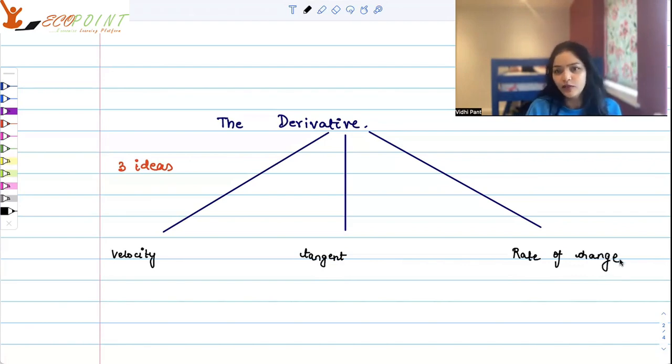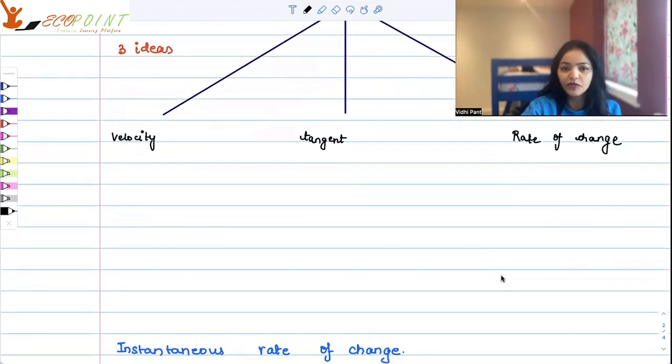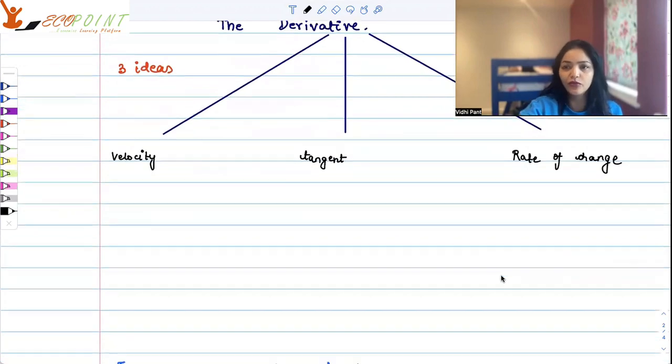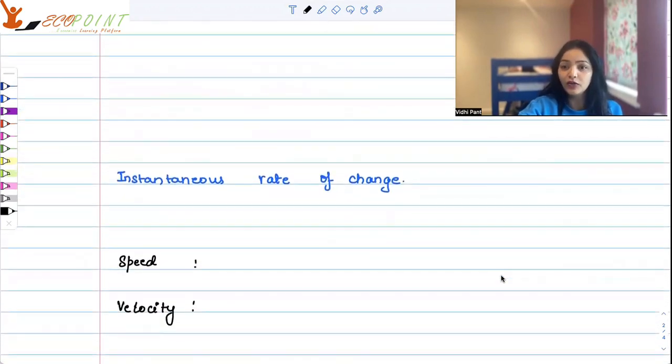What is velocity? Hota kya hai velocity? Velocity and speed. I'm sure both the things, speed kya hota hai and velocity is associated to speed only, right? Speed is essentially how fast I'm going, or how fast is a car going. How fast?